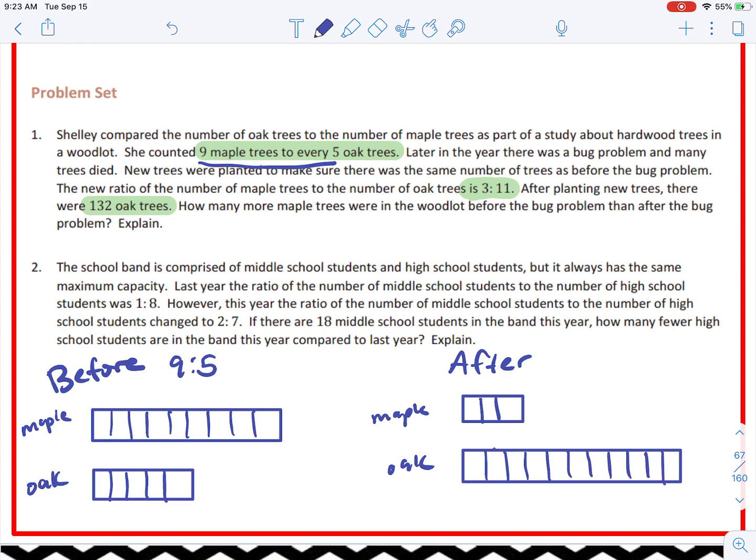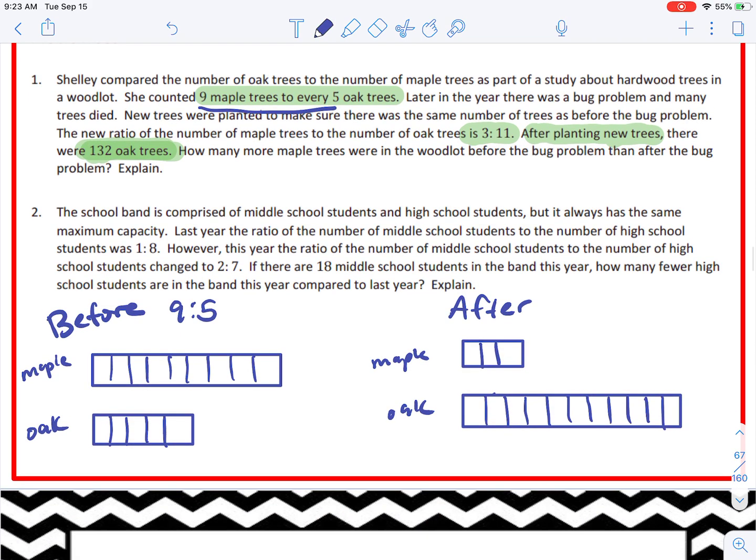All right, so now the keyword here is after planting new trees, there were 132 oak trees. Okay, so we know that after they planted new trees, there were 132 oak trees. So we need to figure out what's going to go in each of these units. Okay, so how would we do that?